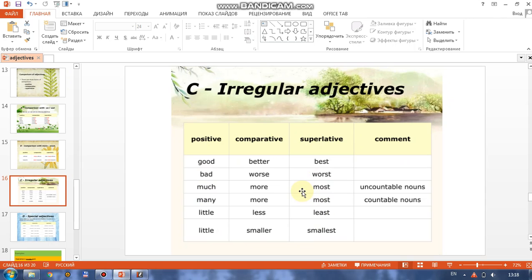They alter from the stem: good, better, best; bad, worse, worst; much, more, most; many, more, most; little, less, least. You just have to learn these adjectives by heart.